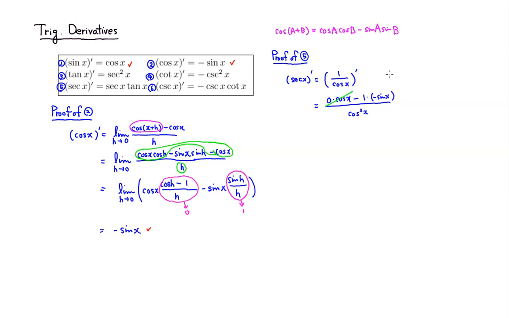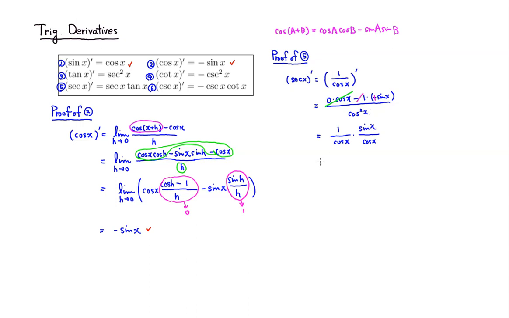And then we have a double negative, so it's going to cancel and be positive. Then we want to get the secant, so I'm going to use one of the cosines on the bottom and a 1 on top. So you have a cosine of x, and we have another cosine on the bottom, and you have a sine there.